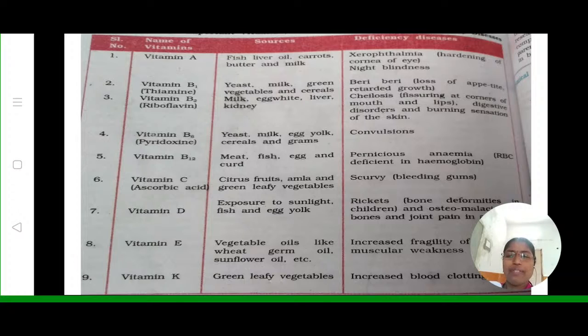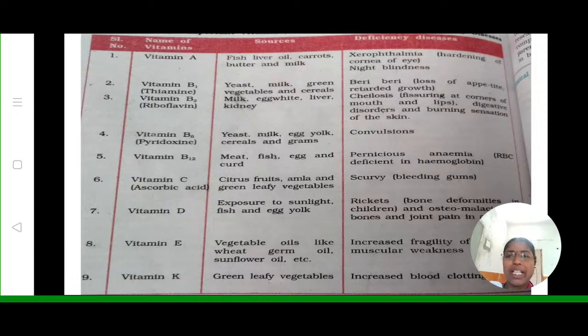The sources of vitamin C are citrus fruits, amla and green leafy vegetables. The deficiency is scurvy. Scurvy means bleeding gums. Okay, this is the deficiency of vitamin C.